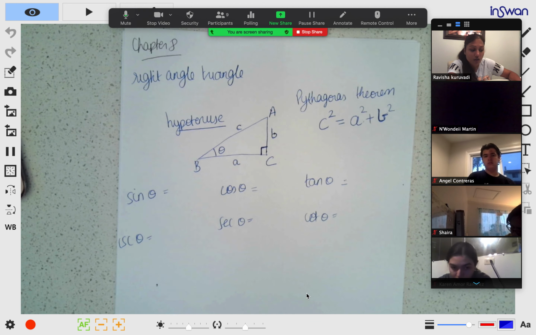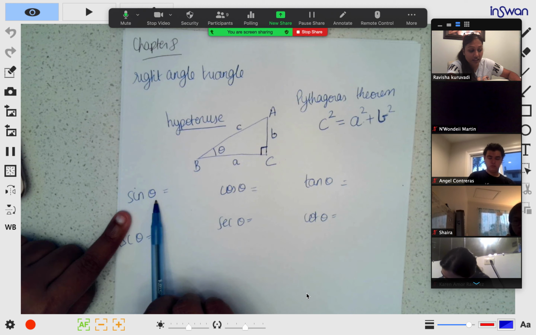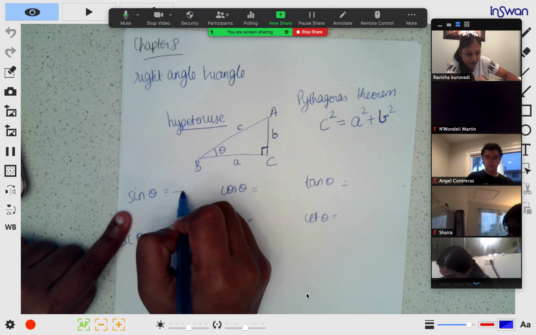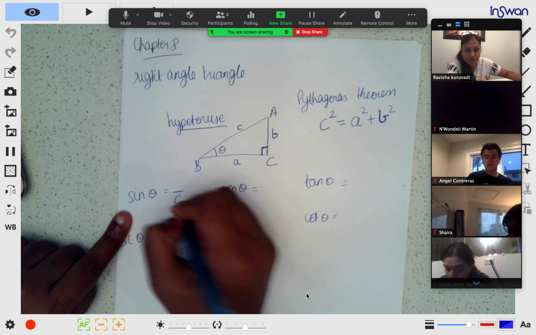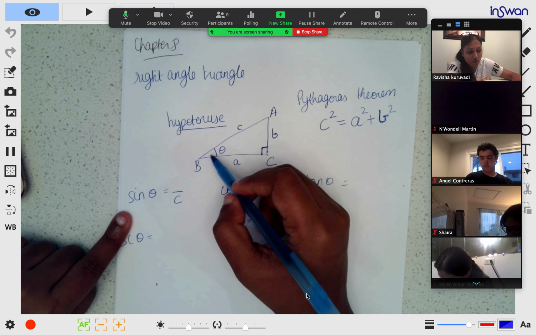How do you find sine theta? Sine theta will always be divided by hypotenuse. It is perpendicular over hypotenuse.